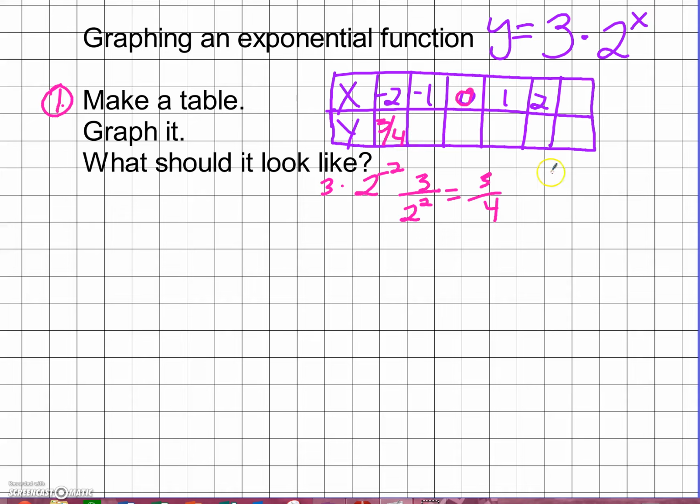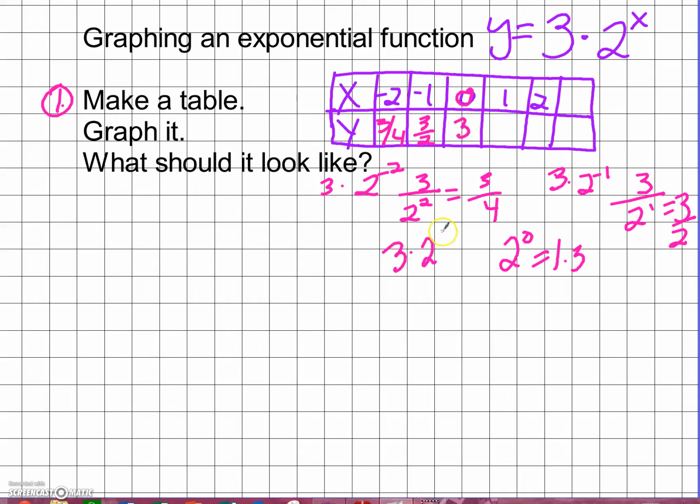The next one, if I had 3 times 2 to the -1, I'll leave my 3 there, 2 to the 1, which equals 3/2, or 1 1/2. Then 2 to the 0 power, we know anything to the 0 power is going to give us 1. So 1 times 3 is 3.